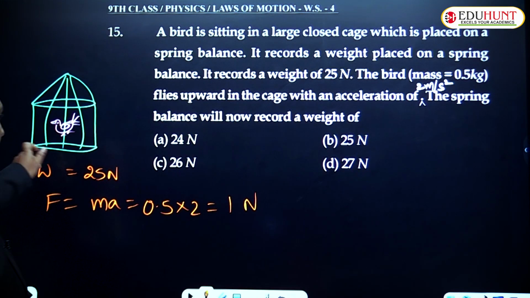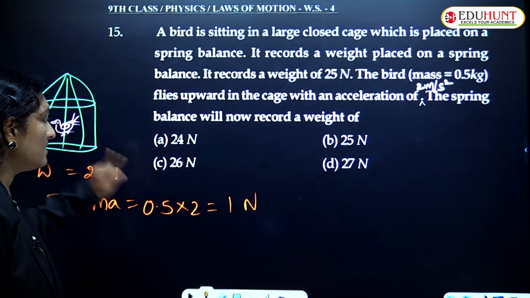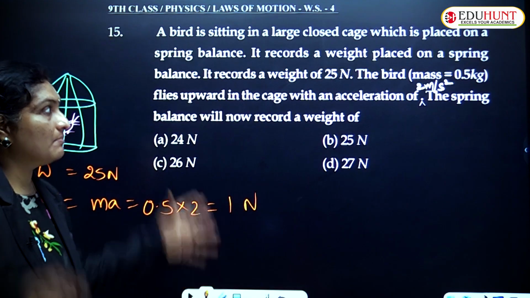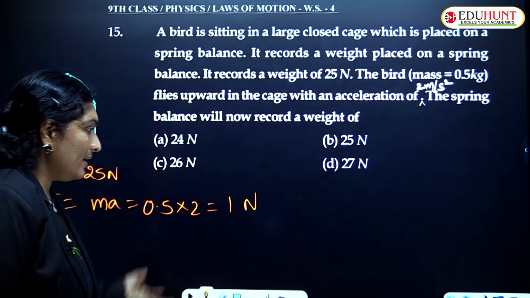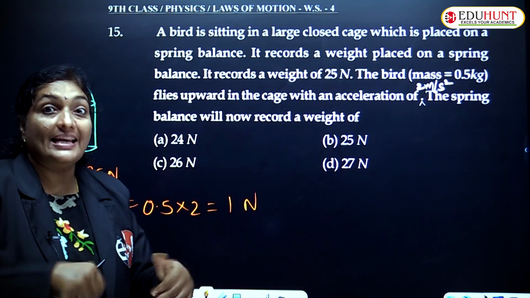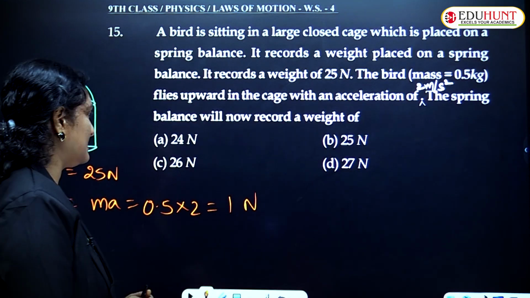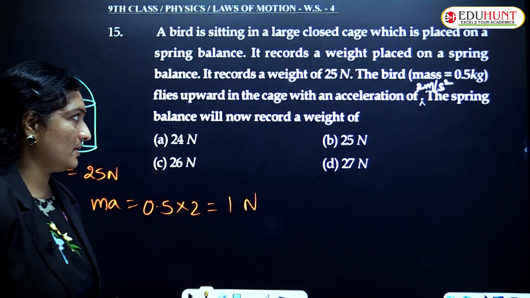Okay. So the actual weight of the bird was 25 newtons, and in order to fly, as it flutters its wings, it applies an additional force on the spring balance. And how much additional force is applied by the bird? That is 1 newton. Okay.